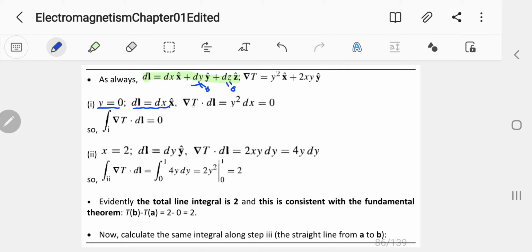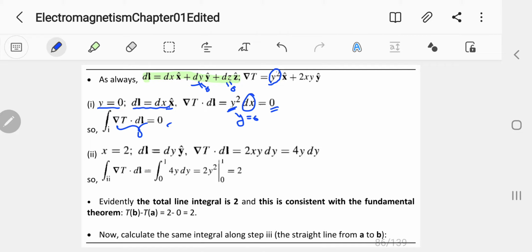And when you dot dl with the gradient of t, it's just the x component, so you will only have this one here, and this is now dx. But y is 0, so everything is 0, and the integral of 0 is just equal to 0.